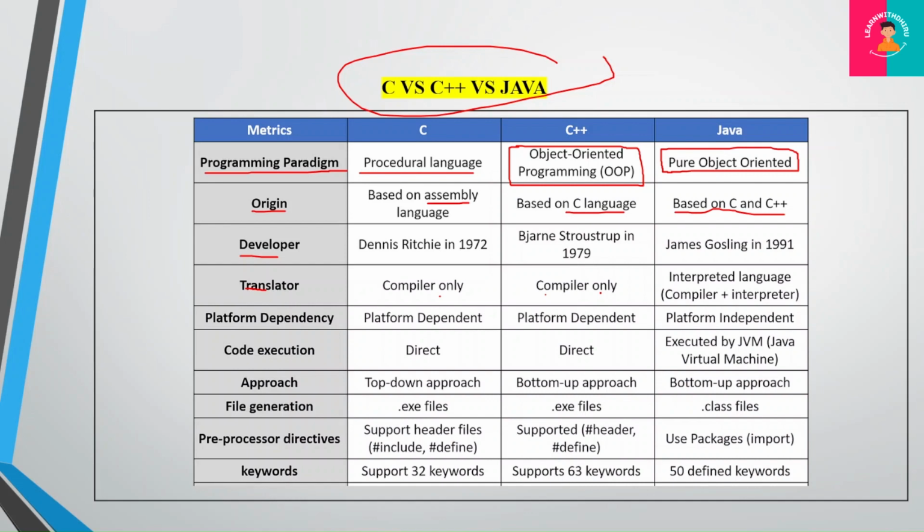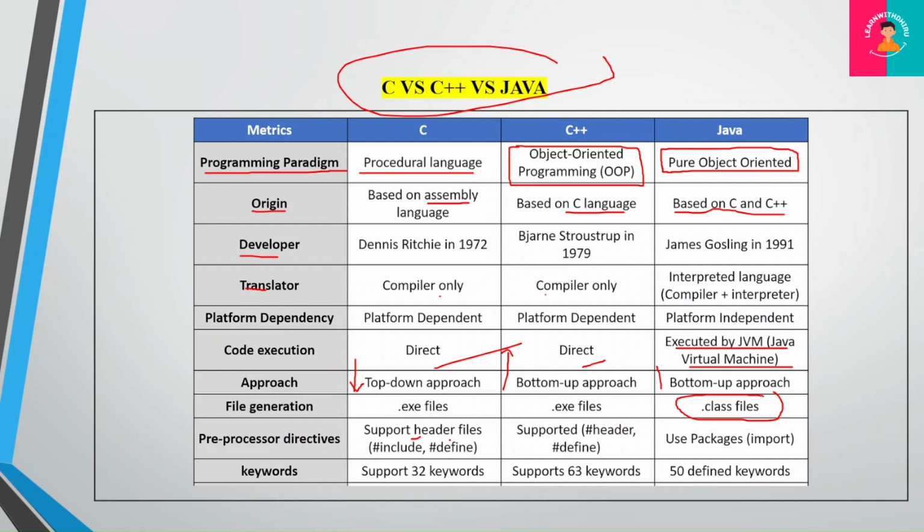This is also one feature: C++ code executes directly, but in Java it is handled by the JVM. Approach: C follows the top down approach, while C++ and Java follow the bottom up approach. File generation is .exe in C++, but in Java it is a class file.